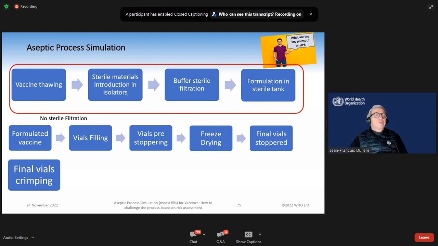All these operations have to be simulated during the APS.